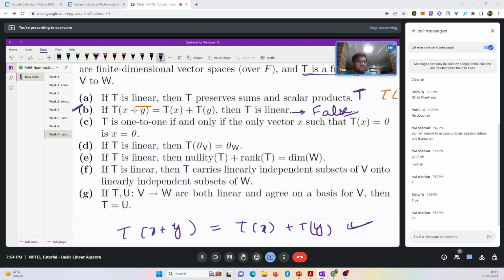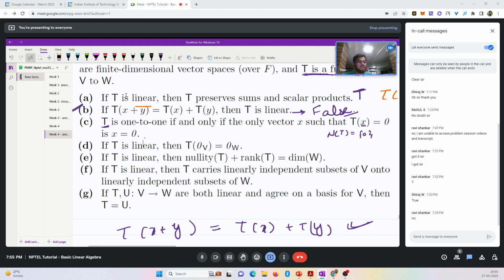We are not given that T is a linear transformation. If T was a linear transformation, then this is the theorem that we prove, that T is 1 to 1 if and only if nullity of T is equal to 0. That is, the only vector with T of x equal to 0 is 0.